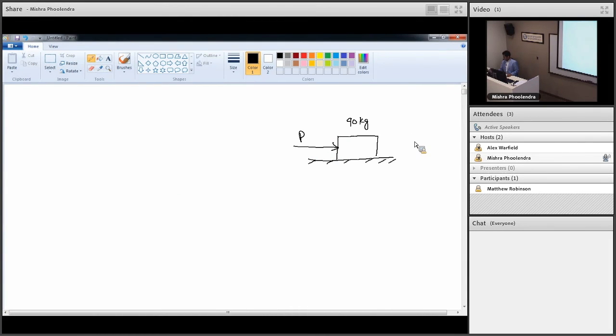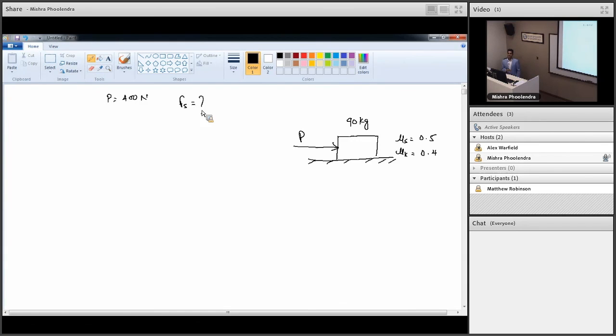So you have a 90 kilogram box P, and the problem says this: mu s equals 0.5, mu k equals 0.4, and the question is, if P equals 400 Newton, what is friction force?